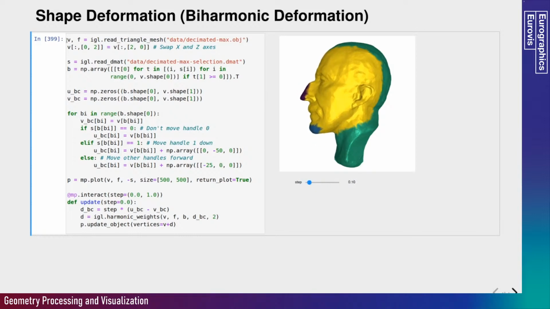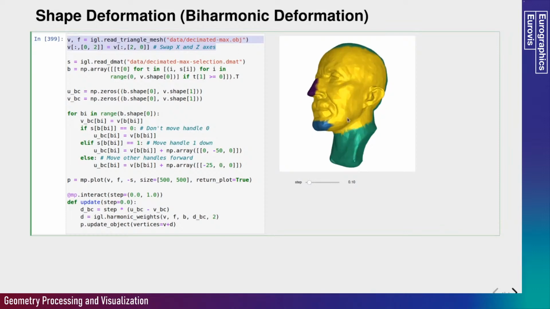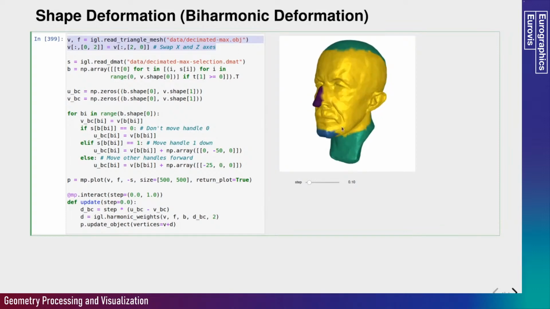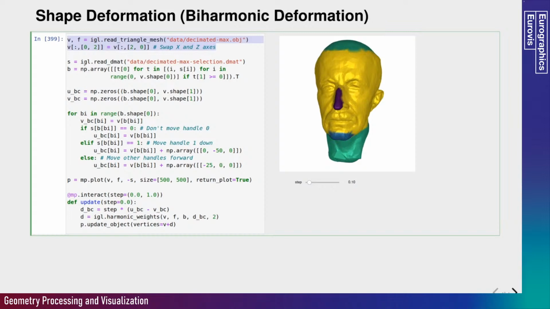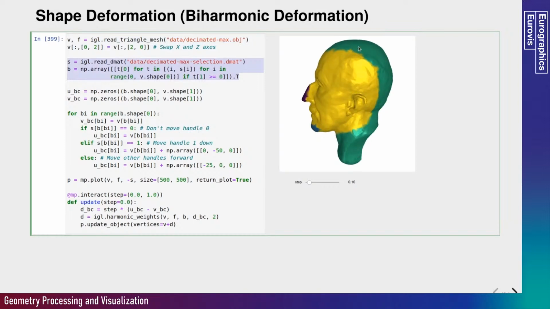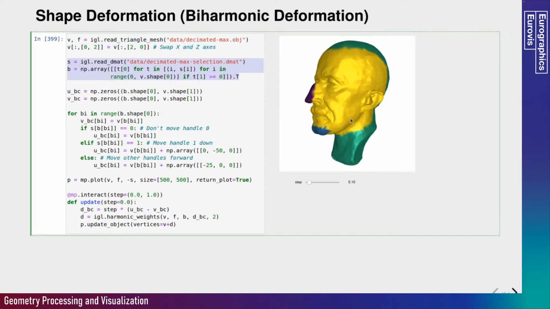So let's go through the code line by line. We first load our triangle mesh, and then we swap some axes to have this rotated already. We then load the selection here. So this is a DMAT file, and we load these selections to have these different regions selected. In the next part of the code, we generate the movement for the vertices.